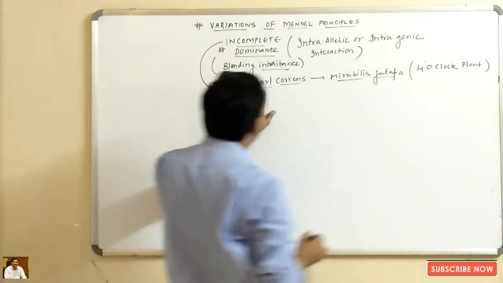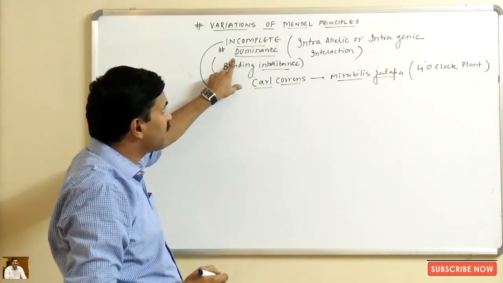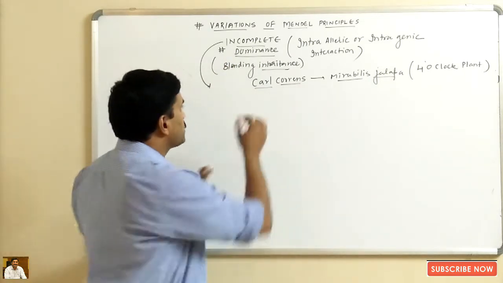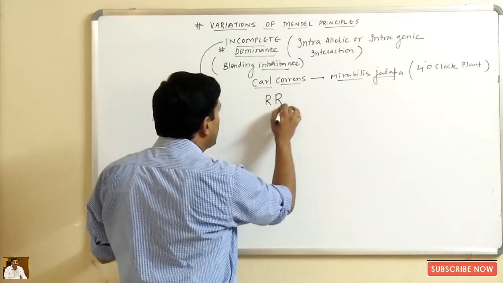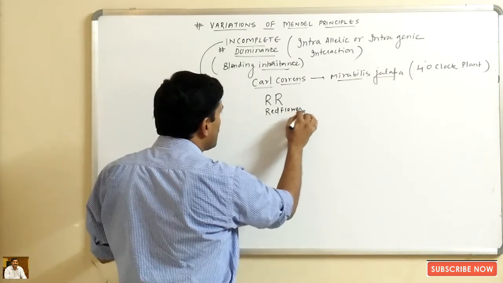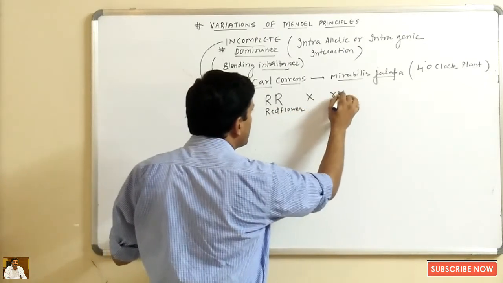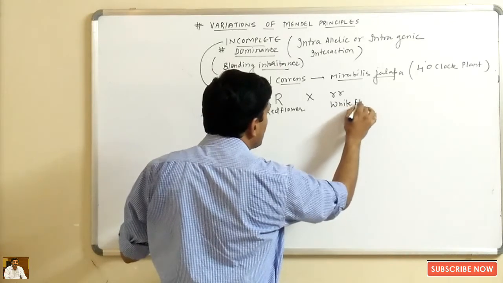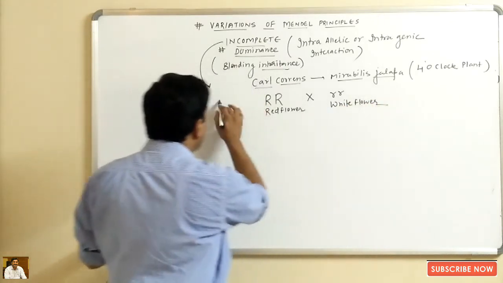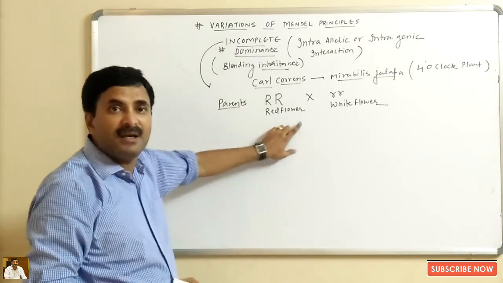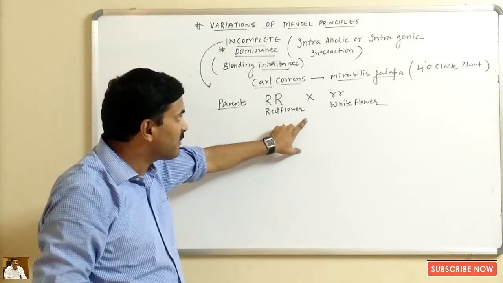He took a red flower variety and crossed it with a white flower variety. So he took two varieties of Mirabilis jalapa as parents. One was the red flower variety and another was the white flower variety.